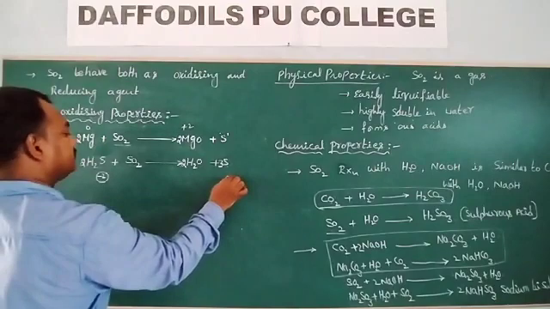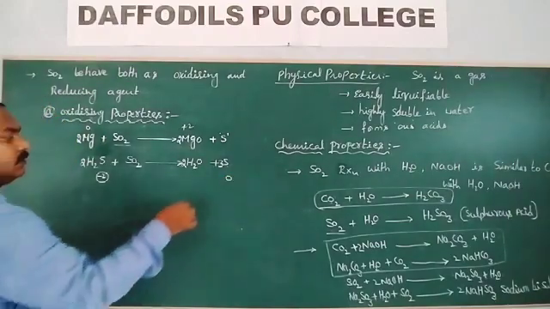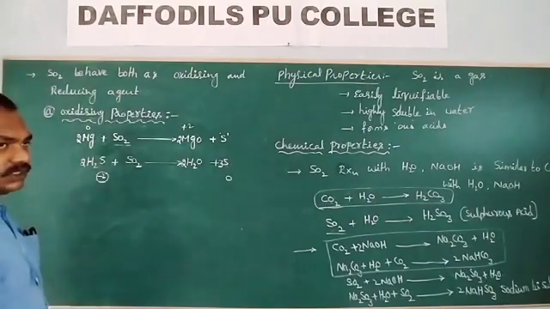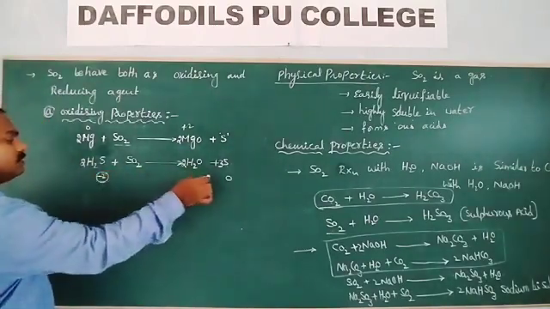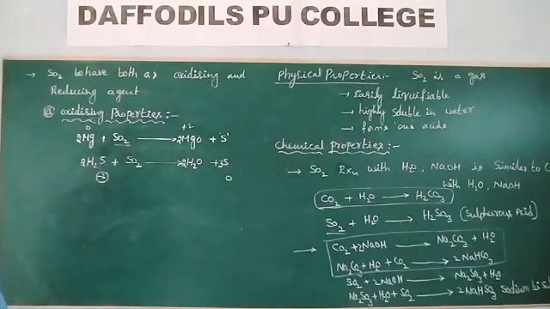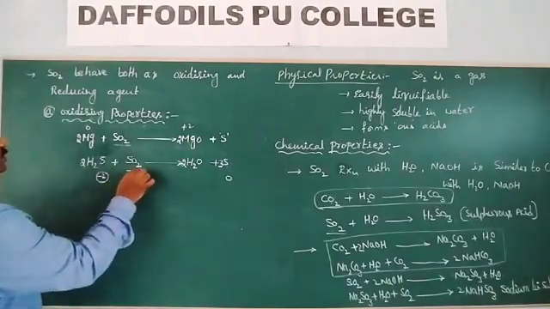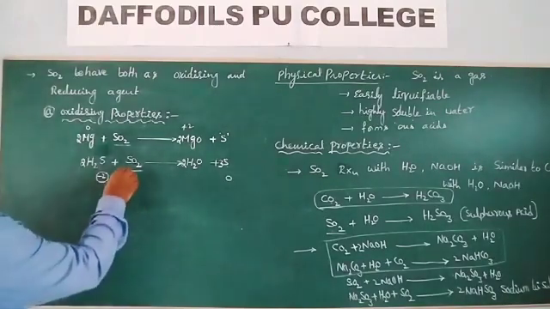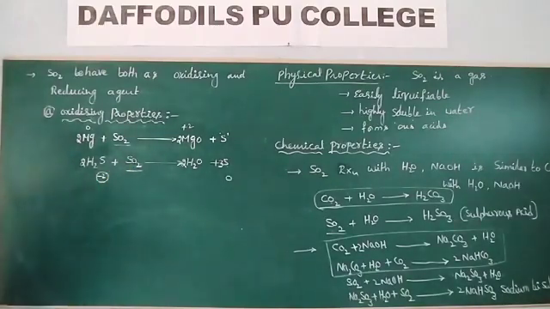What is the sulfur oxidation state on the product side? 0. So here also the oxidation state is increased. This oxidation is carried out in the presence of sulfur dioxide, and sulfur dioxide is an oxidizing agent.